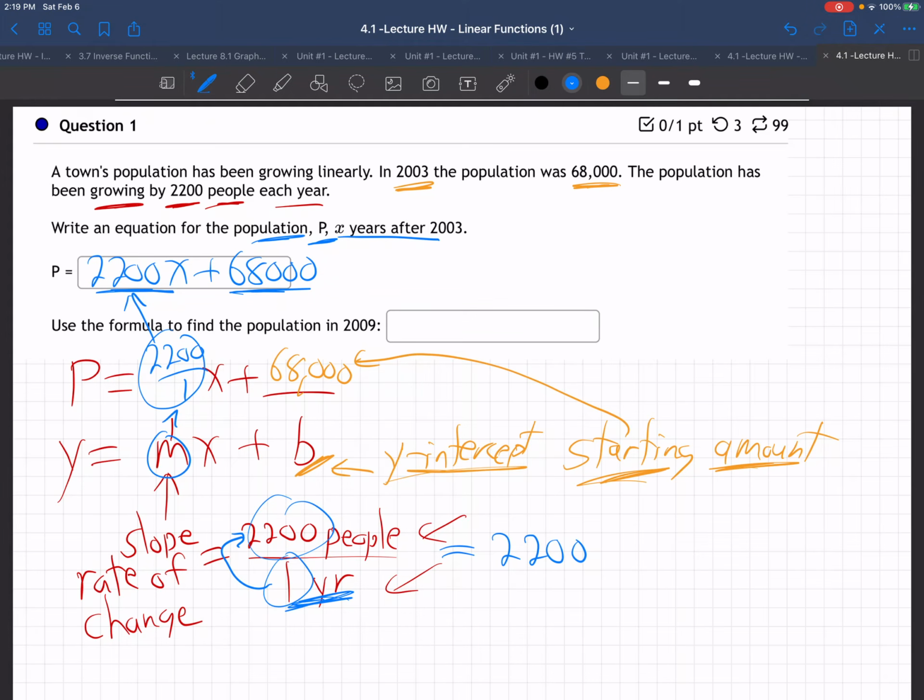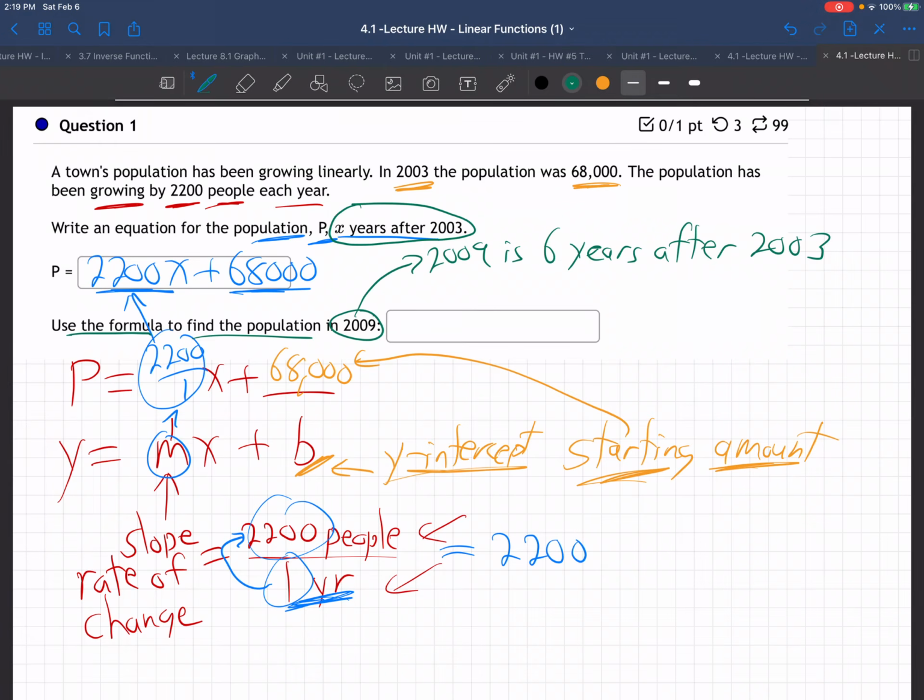Then finally, they want us to use this formula you just found to find the population in 2009. So 2009 is 6 years after 2003, isn't it? And remember what X is? X is years after 2003.